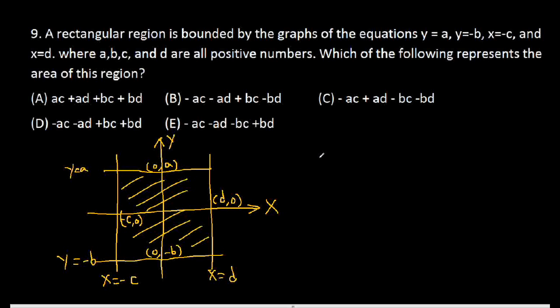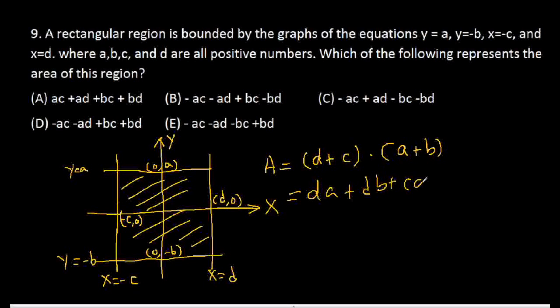The length would be d plus c, times the width, or you can say width or length, it does not matter. Here this is b, this is a, right? So a minus negative b becomes a plus b. So that's the area of the rectangle, which is dA plus dB plus cA plus cB. And you look at the answers A, B, C, D, E, you find it's A.